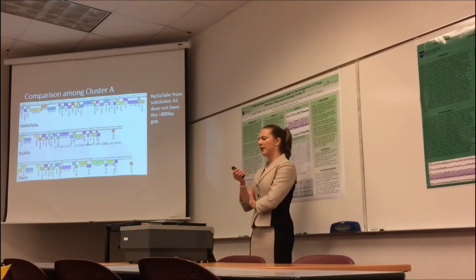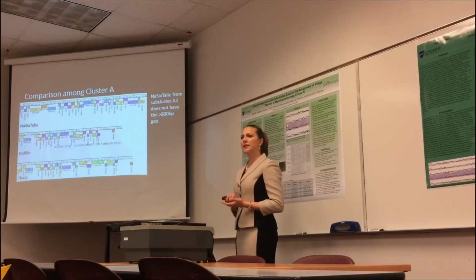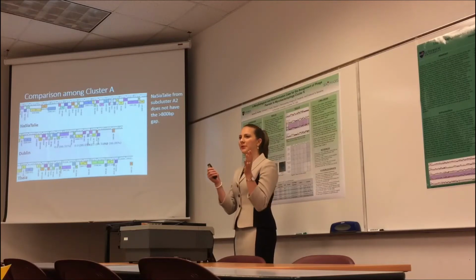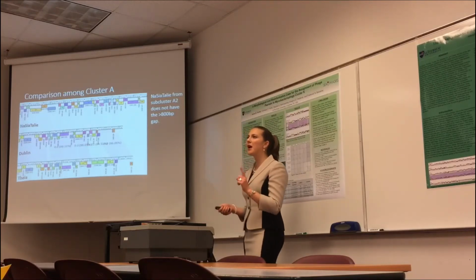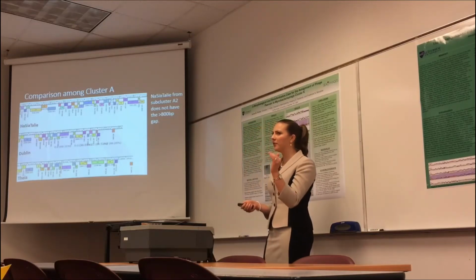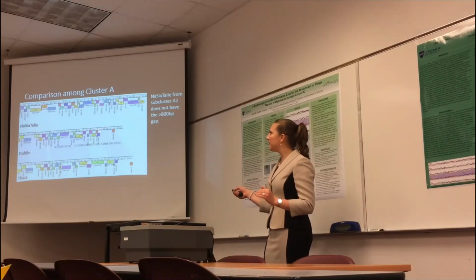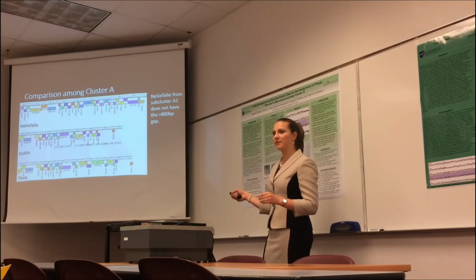So we thought, Nasiatali and Dublin are probably evolutionarily related. After all, they're both in cluster A. So could it be possible that somewhere along the evolution of these, there might have been some sort of mutation in one of these two spots that would have stopped the coding of what should have been these genes?